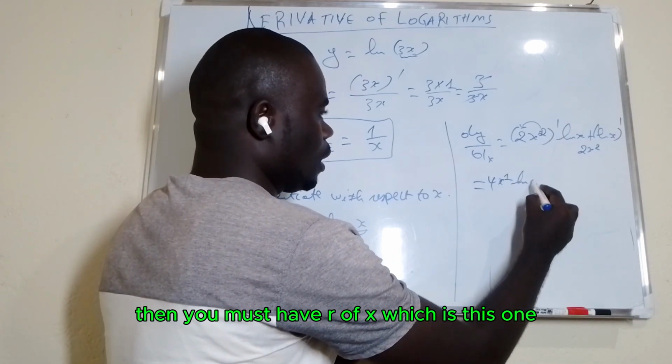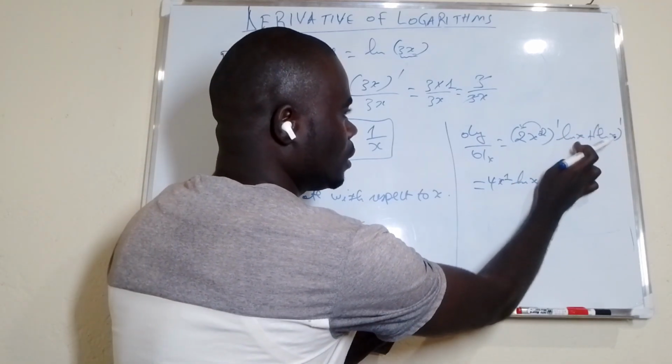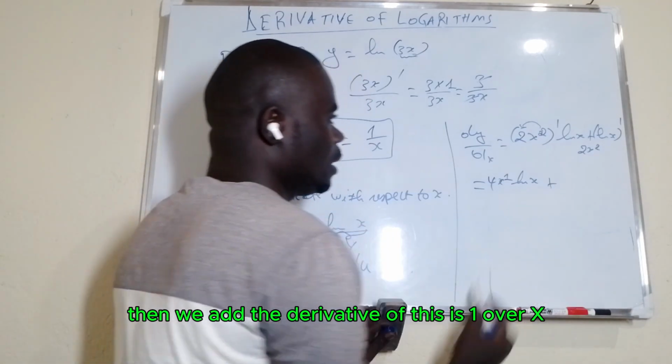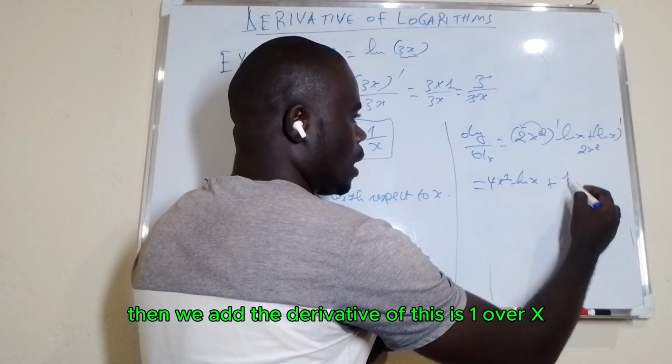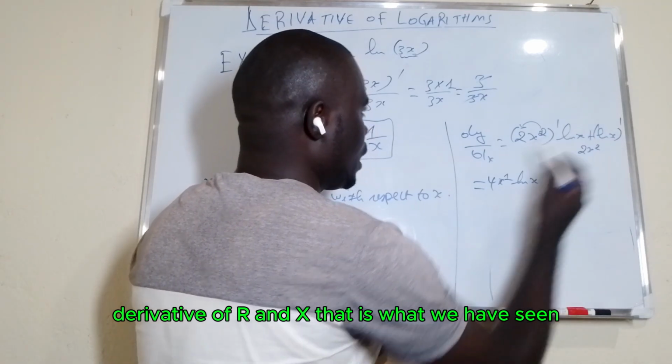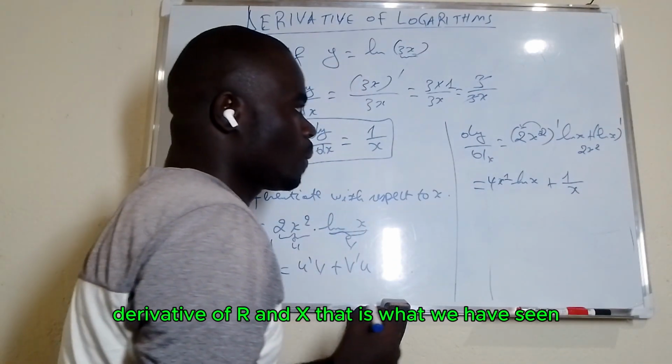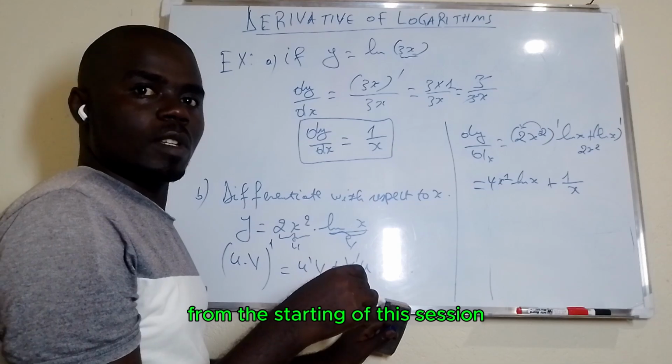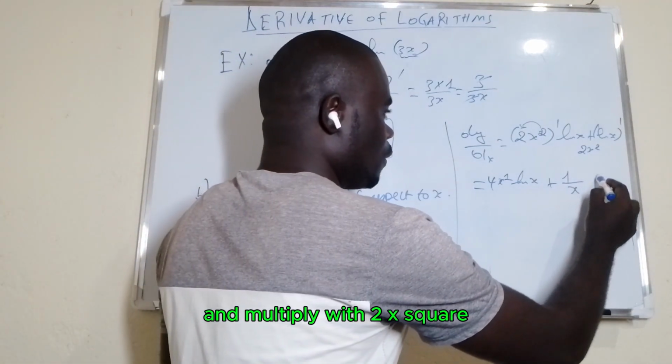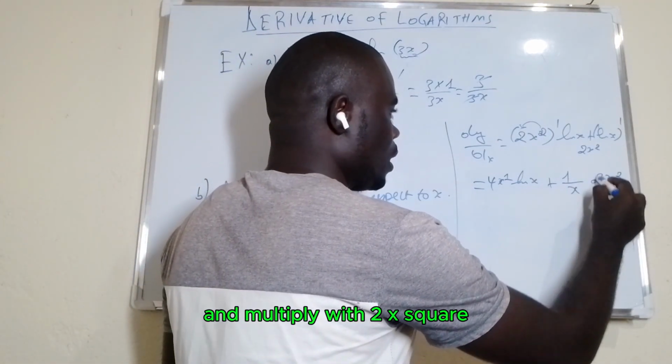Then we multiply with ln of x. Then we add the derivative of ln x, which is 1 over x, that is what we have seen from the start of this session, multiplied by 2x squared.